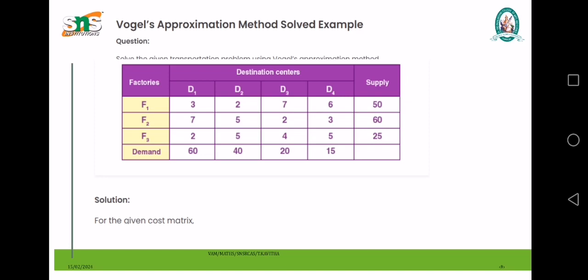Supplies are 50, 60, 25. Total supply is equal to 135 and demands are 60, 40, 20, 15. Total demand is 135. Here total supply and total demand are equal, therefore the given problem is balanced.